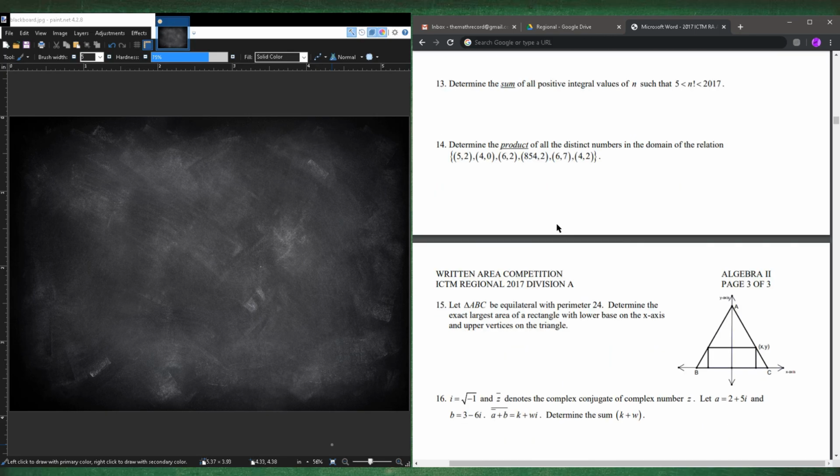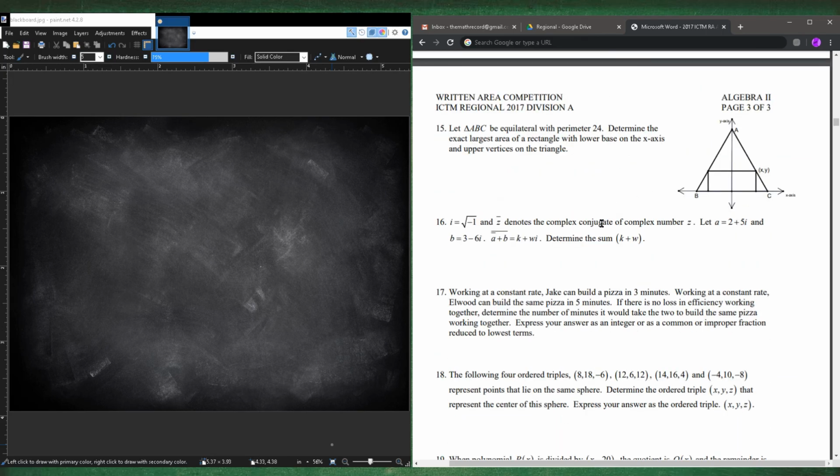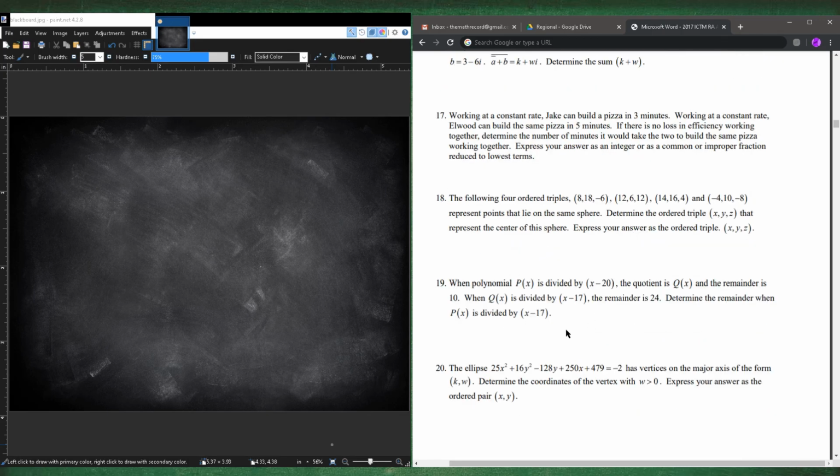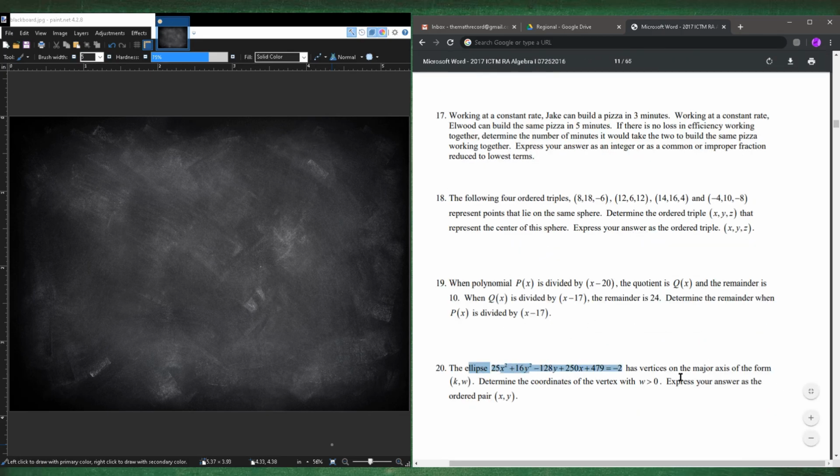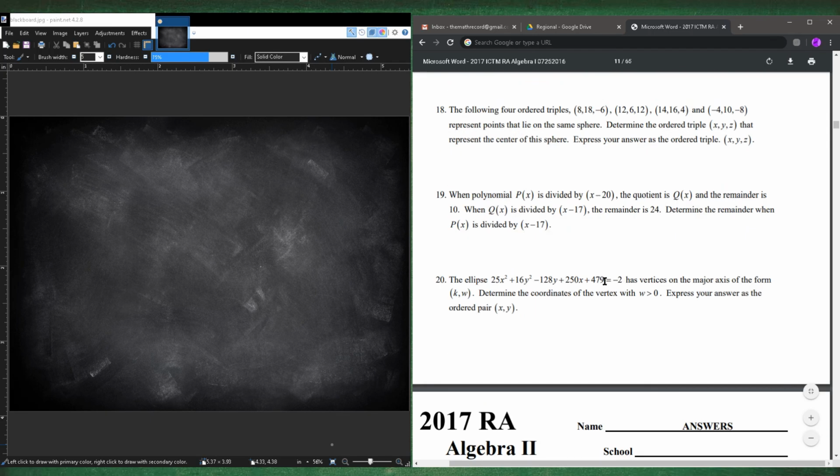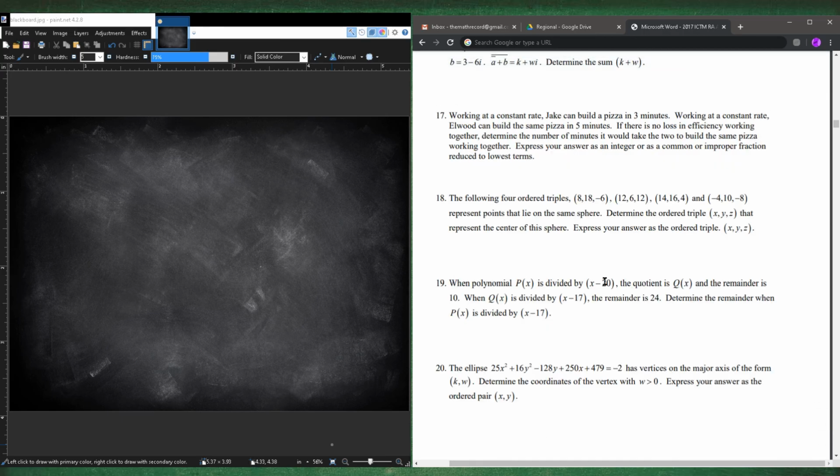Okay, and basically know your terms, like know what a domain is, know what a complex conjugate is, and know what ellipses, major axes, and vertices are, right? And that's basically it.